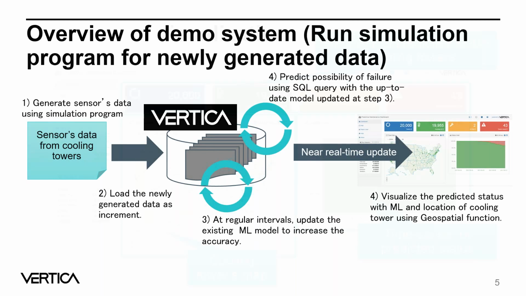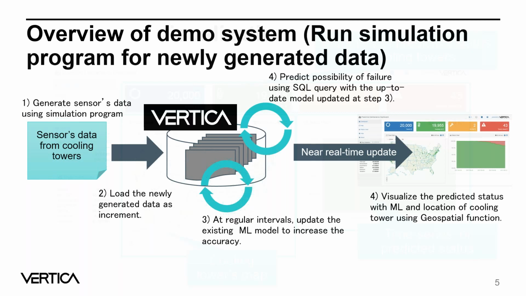Then we would like to demonstrate a business environment very close to the real world. We created a sensor simulation program to generate the sensor data. After loading the initial data, we continuously load data using that program.